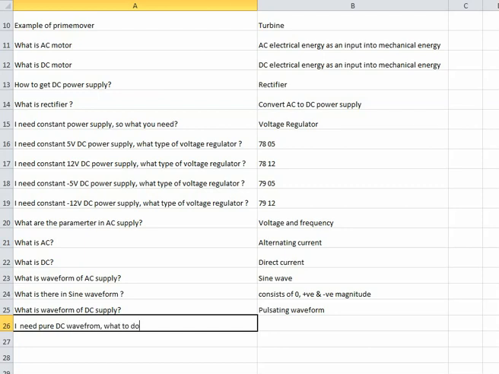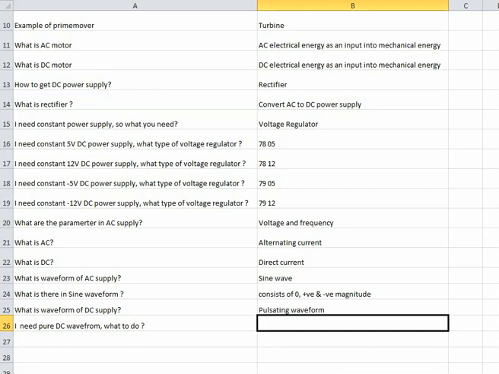What to do? I need a pure DC waveform. So what to do? It should be constant with respect to time.